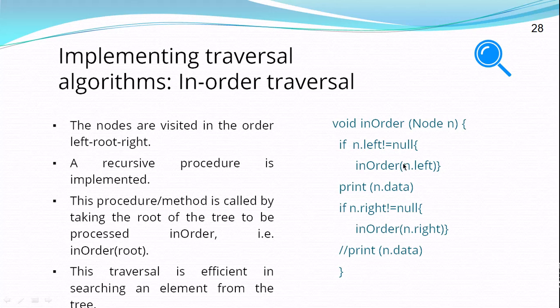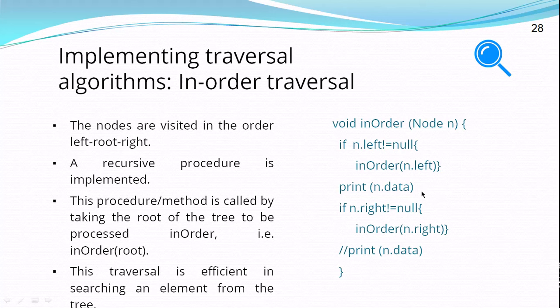and I'm going to repeatedly explore the left branch as far as I can. If I come across a node that doesn't have a left branch, I stop and I print the data in the node out.